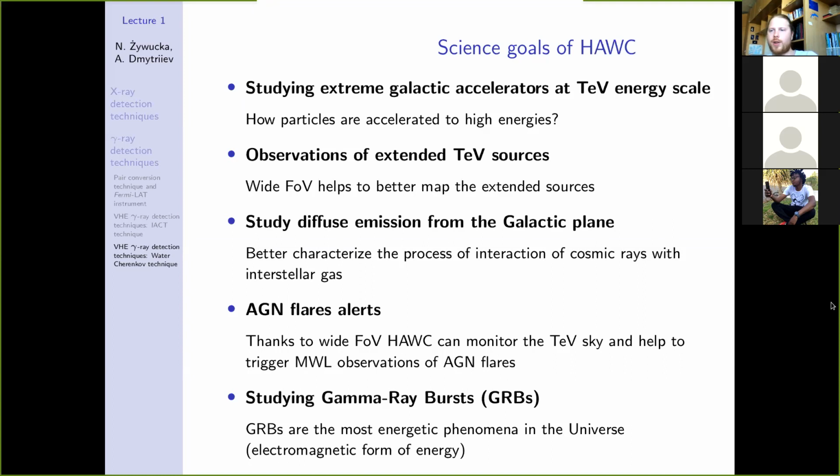The second class is named long gamma ray bursts. This is a different type of source: the end state of evolution of very massive stars, with masses above, I think, 50 or 70 solar masses.